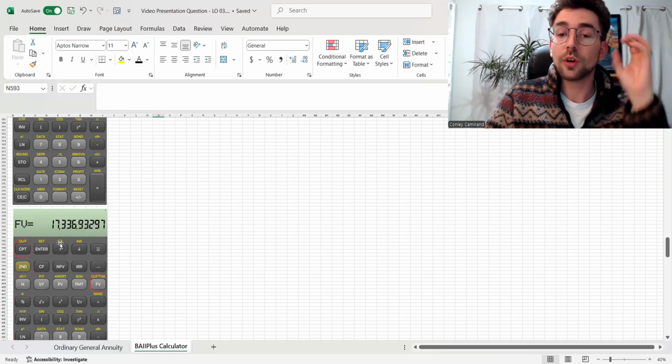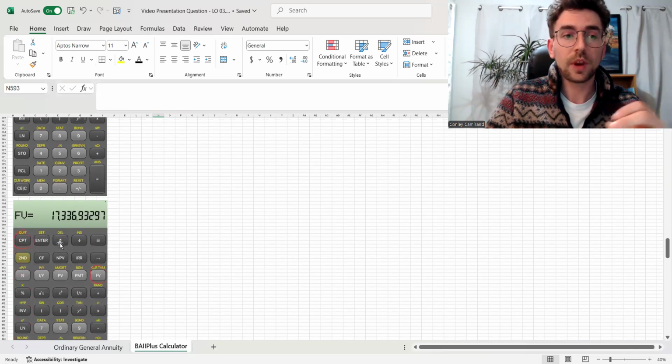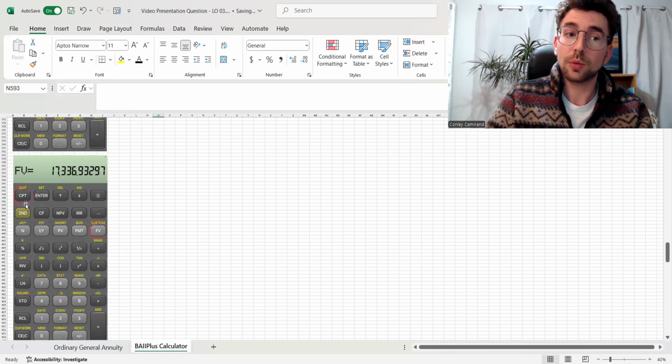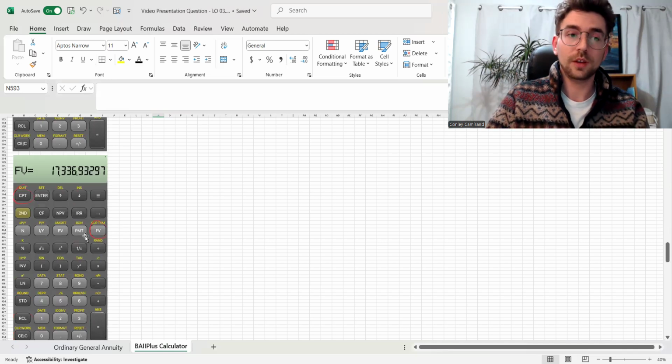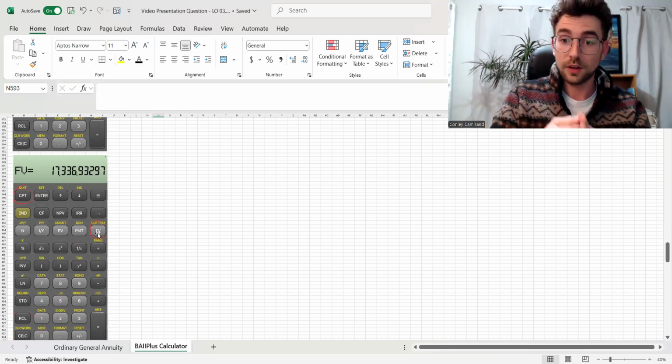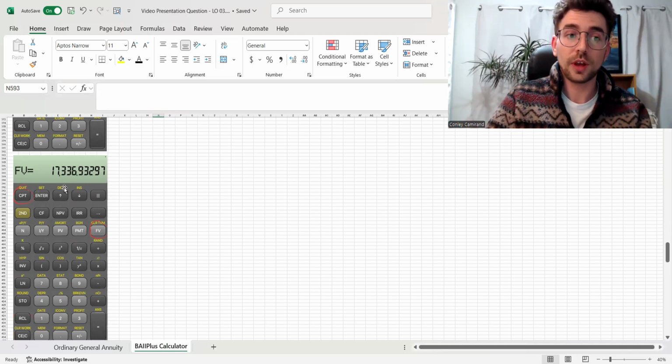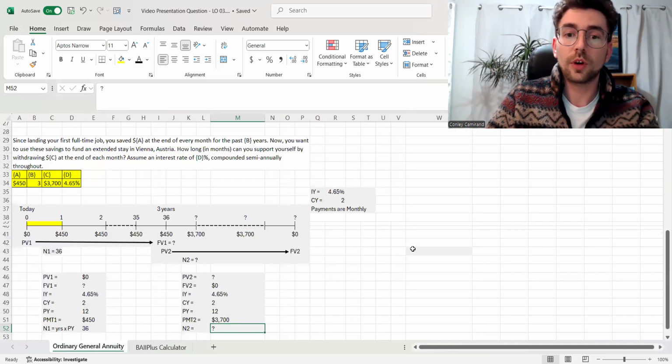Now that we have all of our components inputted, now we can press the compute button and press FV to compute the future value of our first half. So 17,336, and we have all those decimals.